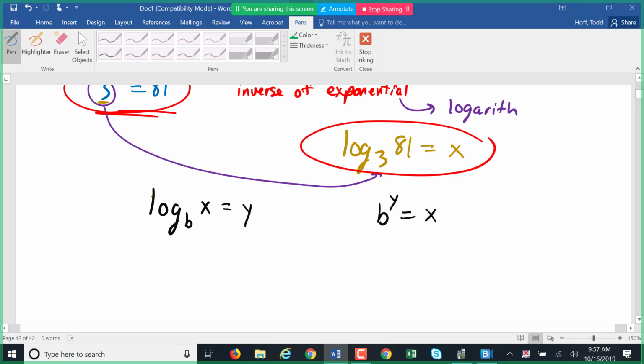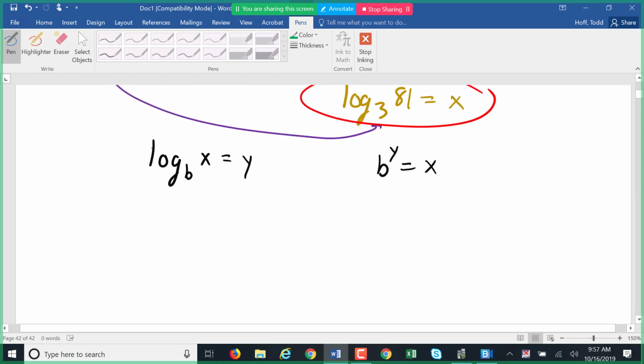So if I want to solve some basic logarithms, I use that conversion.